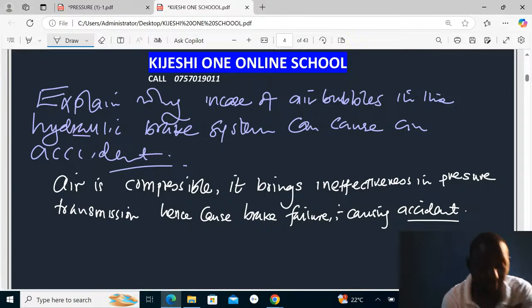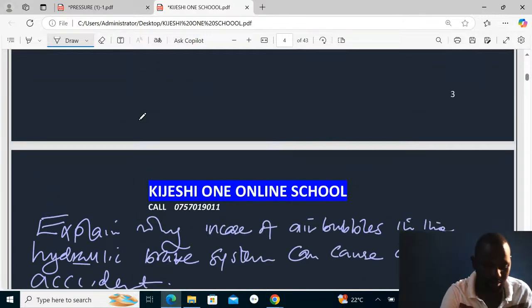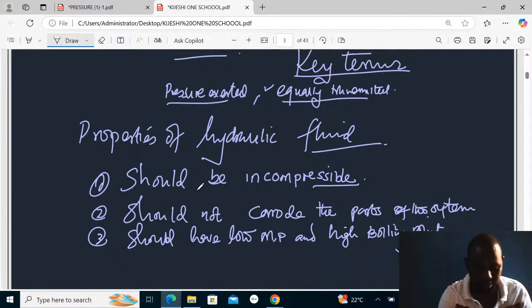That is an application question from the first factor, that it should be incompressible.